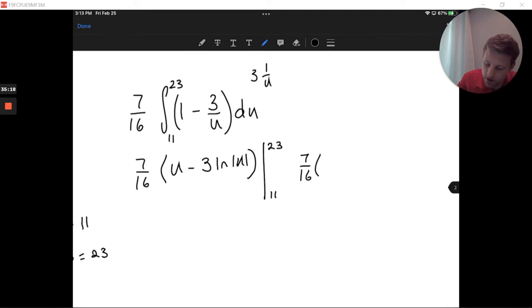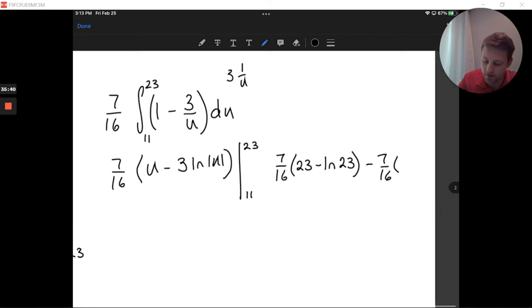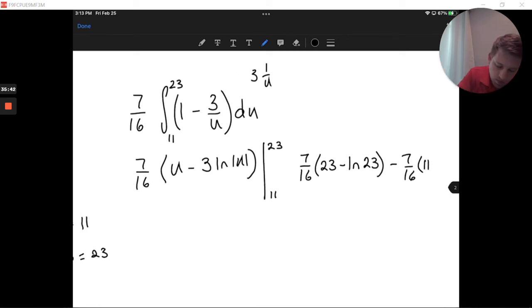We can evaluate straight into our u. We'll have 23 minus ln of the absolute value of 23, which is still positive, so we can just take 23. And then subtract the result: 7/16 times 11, and then minus 3 natural log of 11.